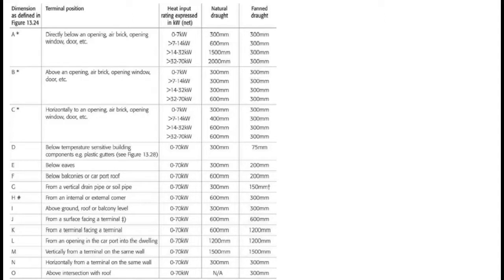There again is a simplified version of the chart you've got in the Viper book, and you can see across the top it says terminal position, heat input, because the size of the appliance counts, and whether it's a natural draft or fan draft appliance. These things make a difference to where you can place your terminal.